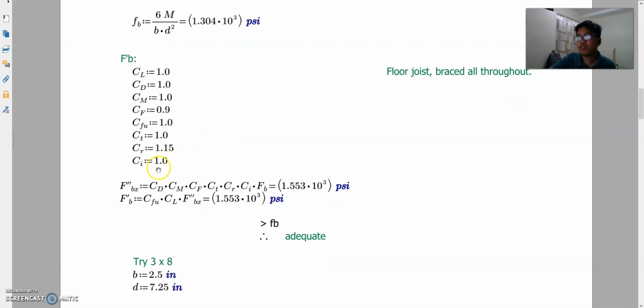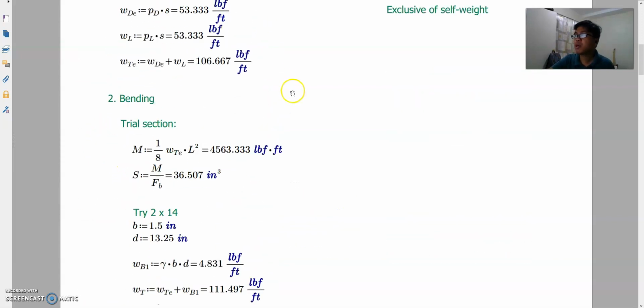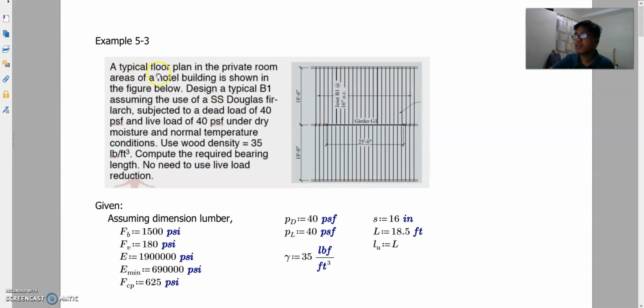And then, as you can remember, we need to compute for CL. But from the problem, it's used as a typical floor plan. And then, since this is a floor, we can assume that there's a floor sheathing, right? There should be some kind of a diaphragm or floor for our area.